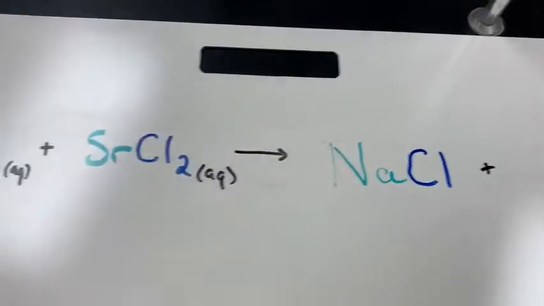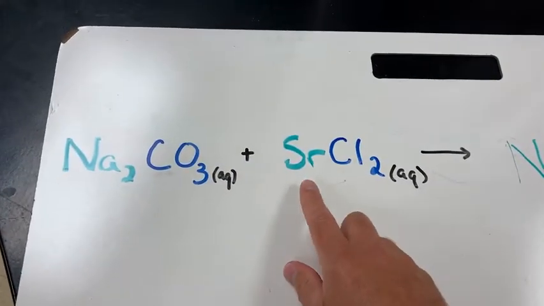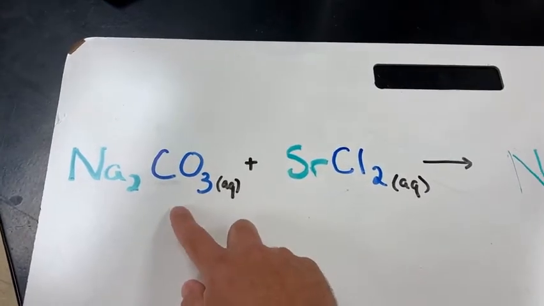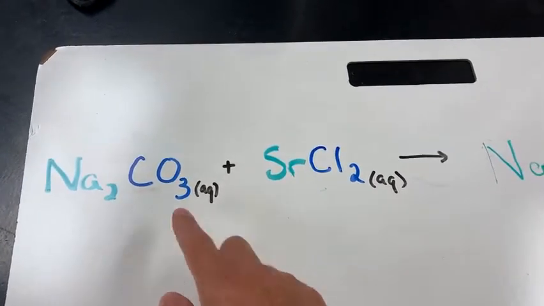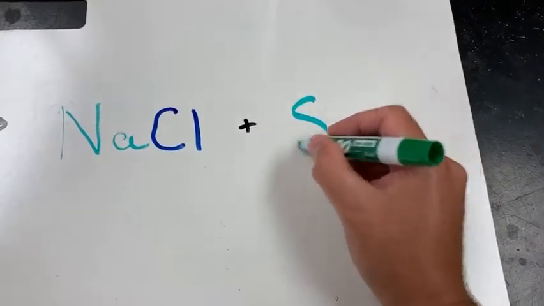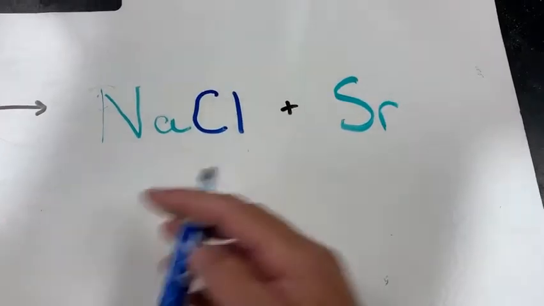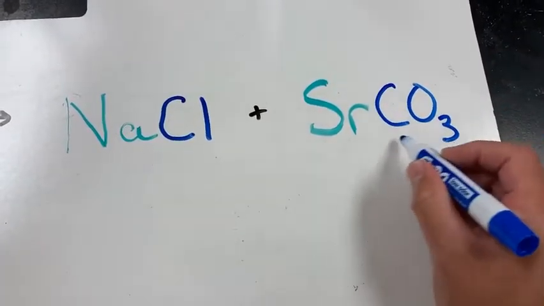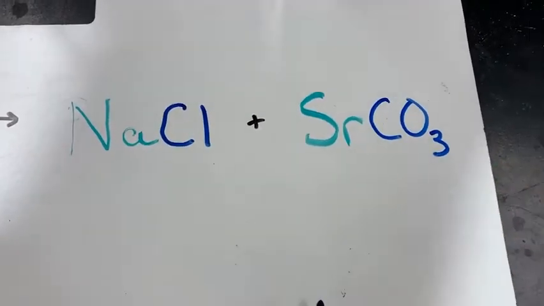Coming back to this side, the strontium will get rid of its partner chlorine and combine with the carbonate polyatomic ion. So it's got a new partnership, Sr bonded to the CO3. Here I bring the 3 because that's the formula for that one polyatomic ion, carbonate.